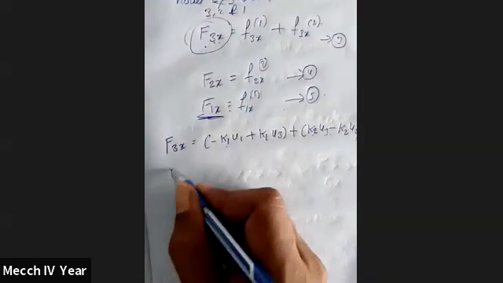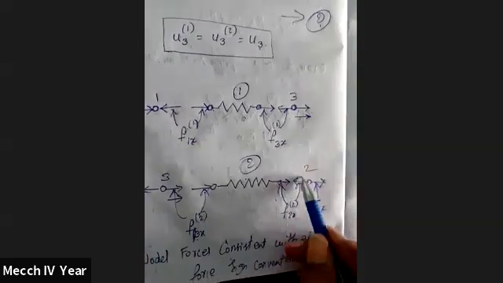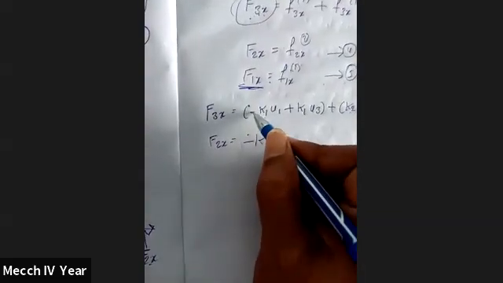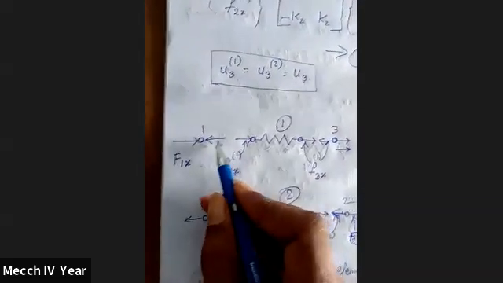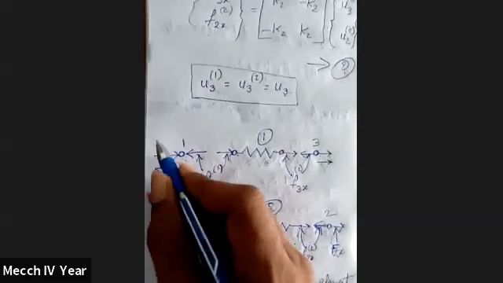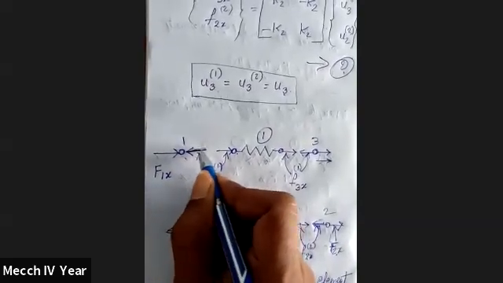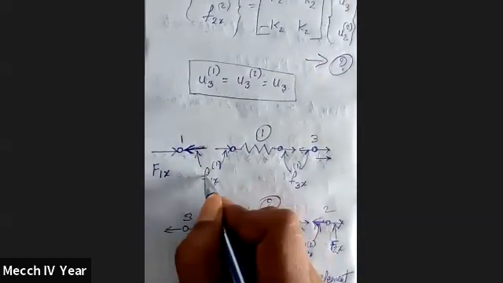And now F2x is equal to minus. Why are we taking minus? The force is acting in the opposite direction, so we take minus here. Here also take minus. Why? Consider the first equation: we are going to consider the backward direction F of x1.